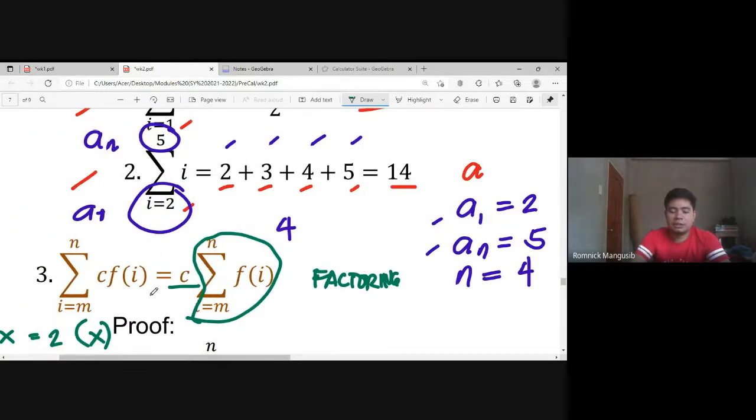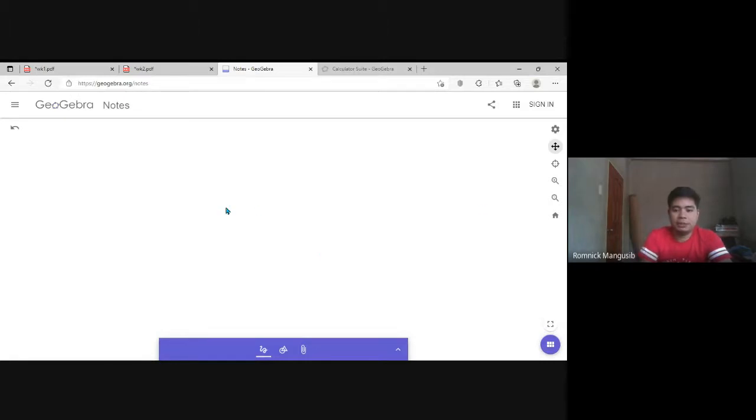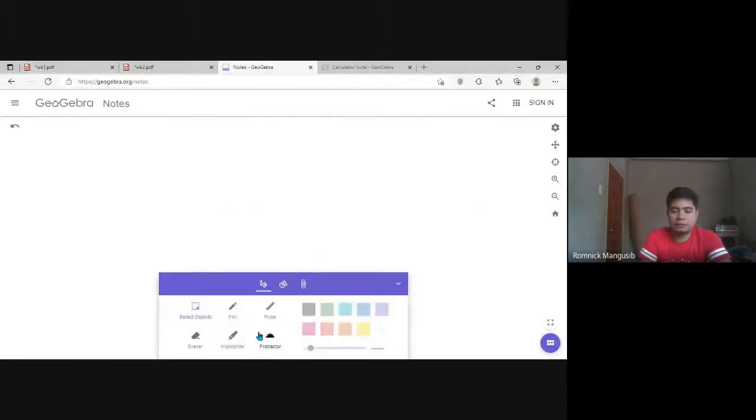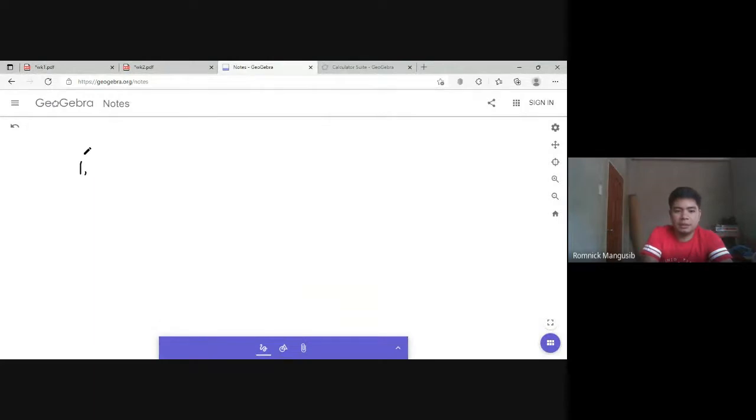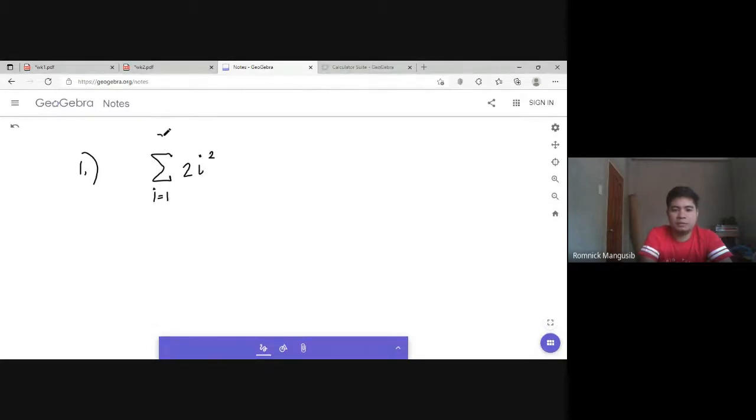Ngayon, crucial kasi itong formula na to. Kailangan natin siyang magamit, especially kapag masyadong marami na ang sinusolve. On most cases, when you are now solving, halimbawa ito, what is the summation of 2i squared from I starts from 1 to 3?